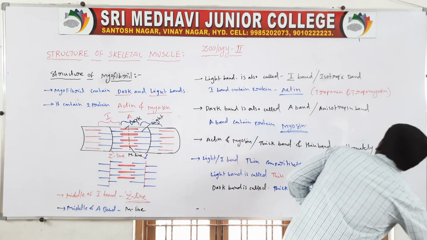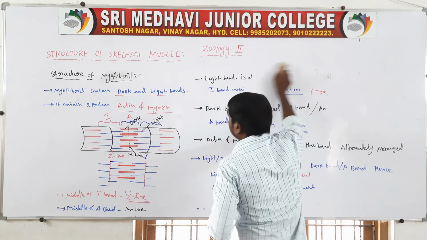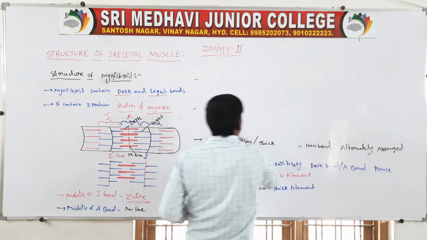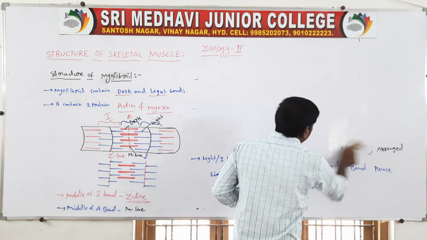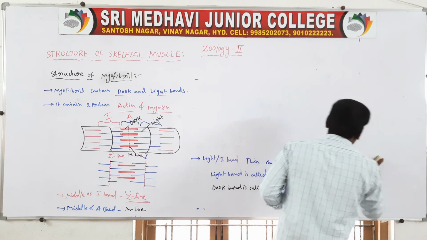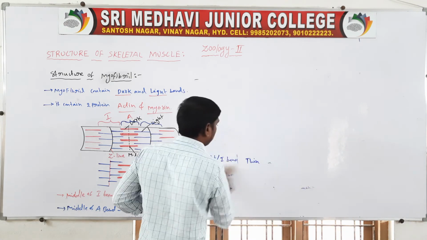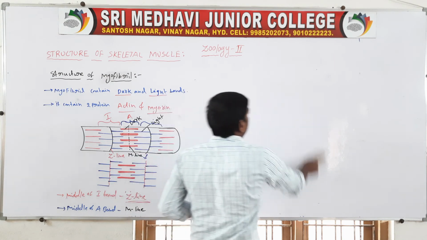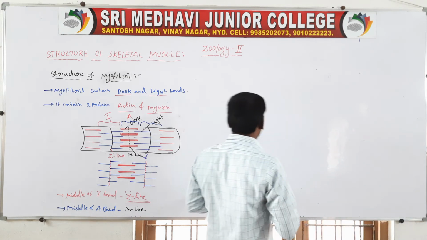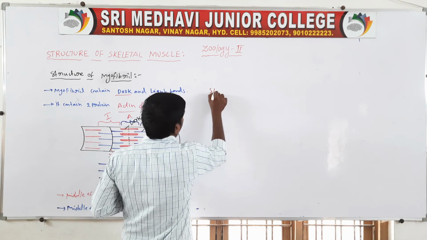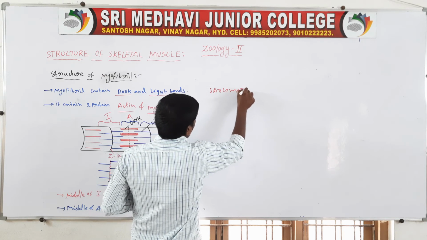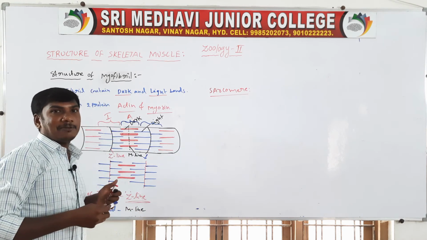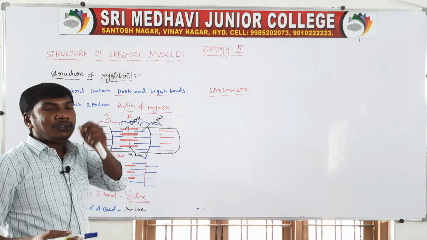Next, the sarcomere. The sarcomere is the region between two successive Z lines.